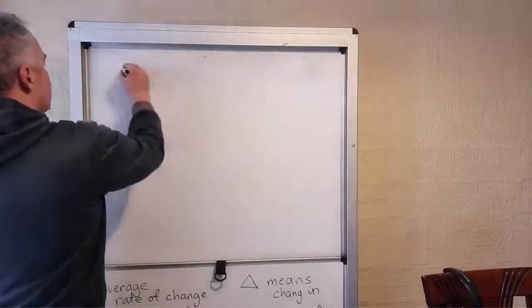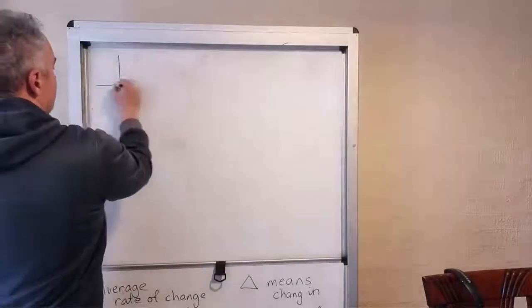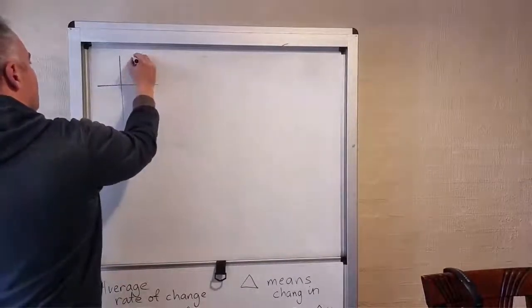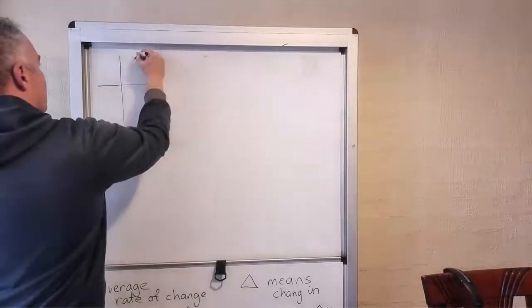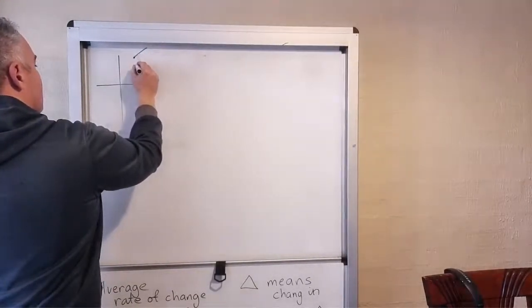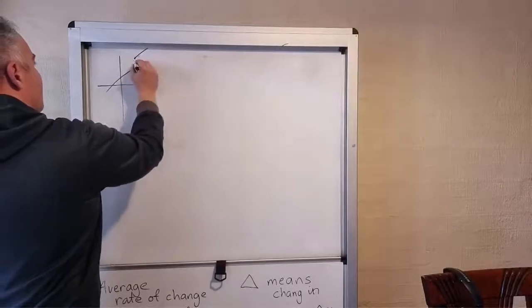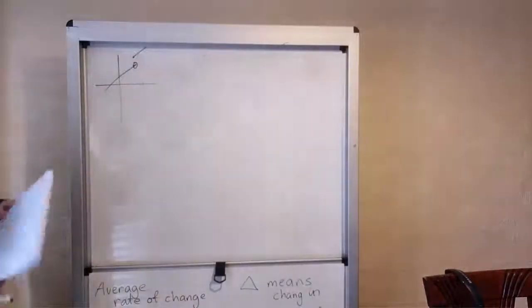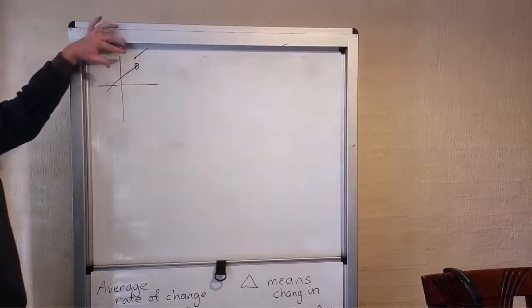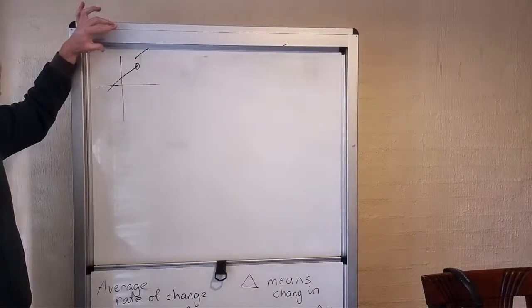Some functions, particularly around absolute value, will have a gap where they jump up, okay?